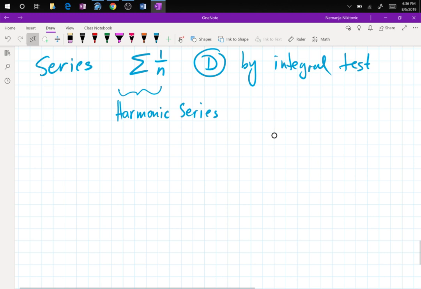You take a look at a problem, you say this is a product rule. Now you will take a look at a problem and you will say, oh, this is the integral test. Or, oh, it's a P-series. Oh, telescoping series. So there is a learning curve there, obviously.